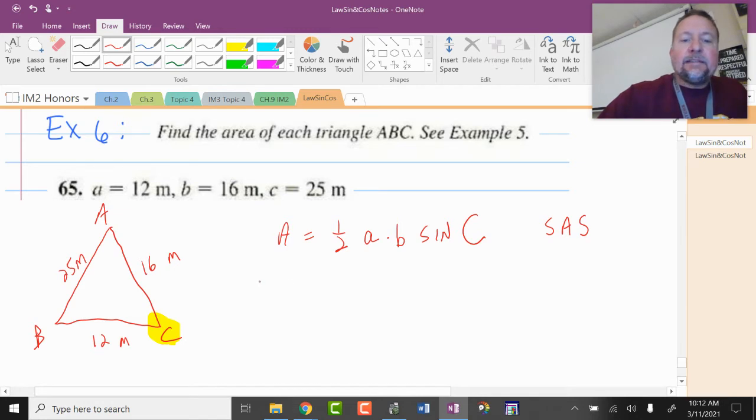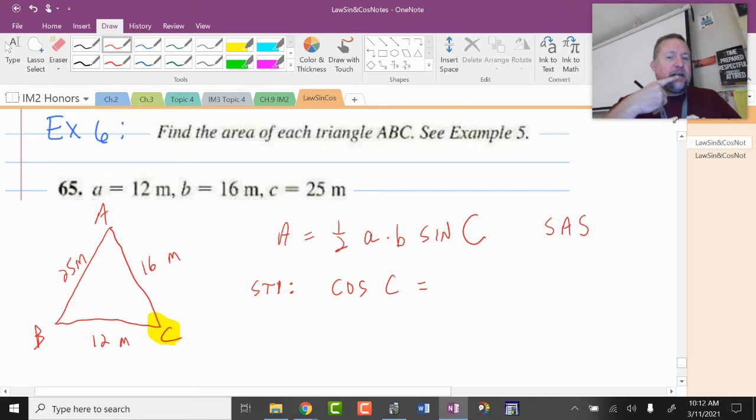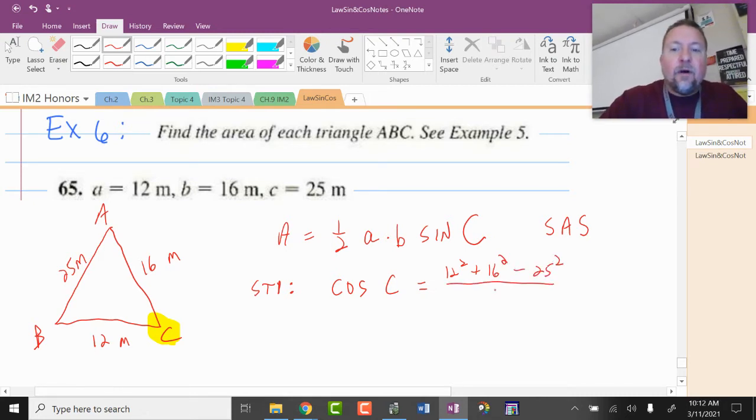Step one, I have to use the law of cosines. Remember the law of cosines to find angle C when you have SSS: cosine of C equals A squared plus B squared, the other two sides, minus C squared, all over 2 times 12 times 16.